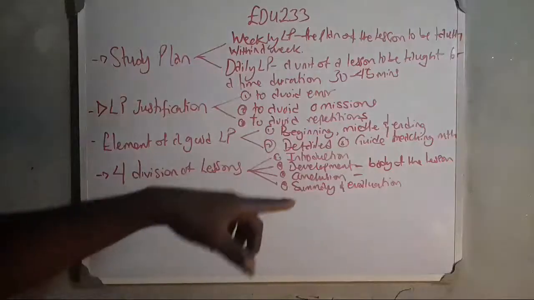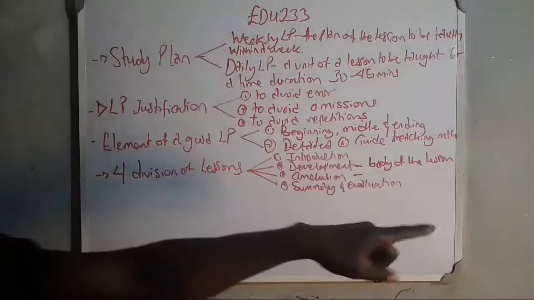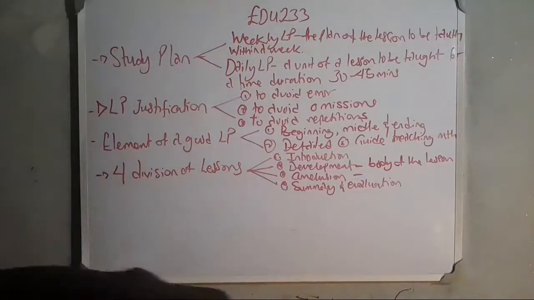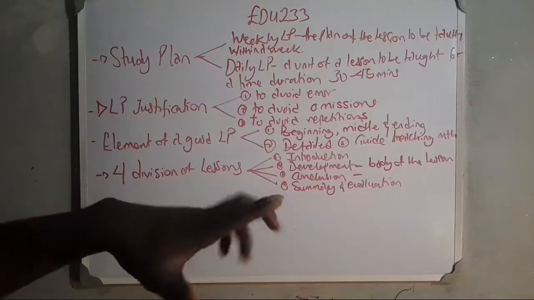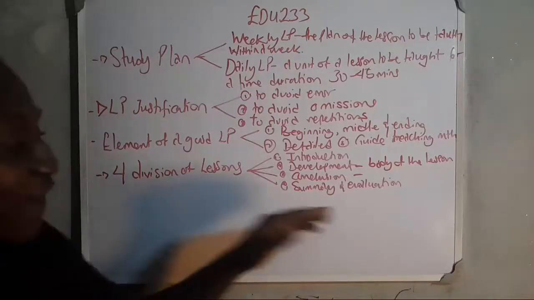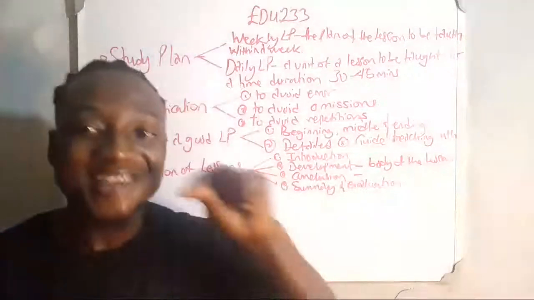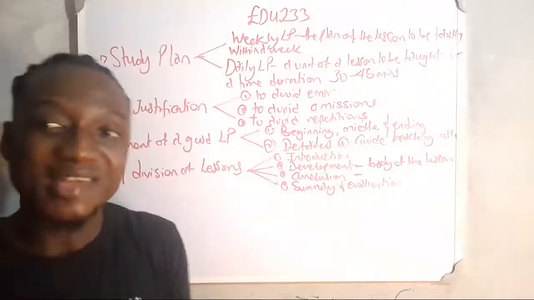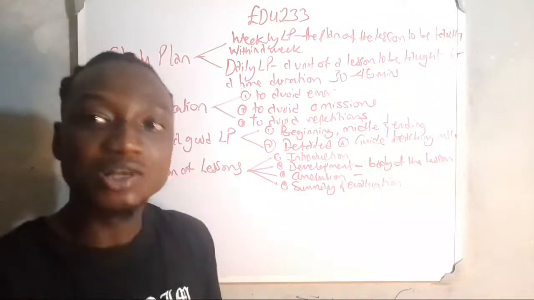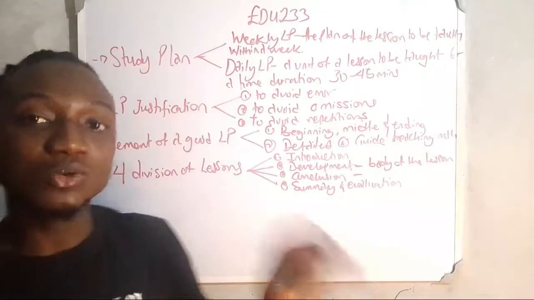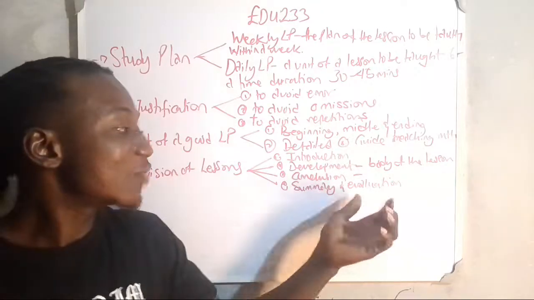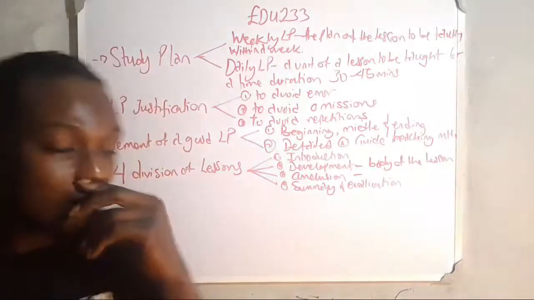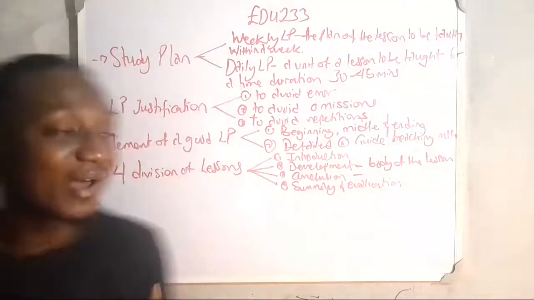The evaluation part is the last stage of the lesson. It deals with finding out the extent to which the teacher has succeeded, the extent to which the message you have passed across has been successful in comprehension. This is when you know whether the students understand.